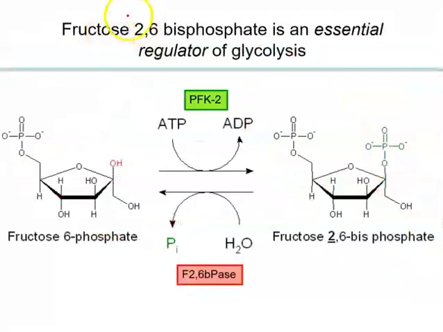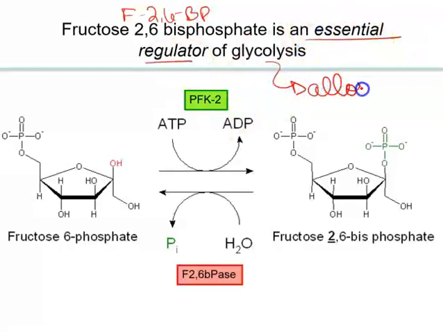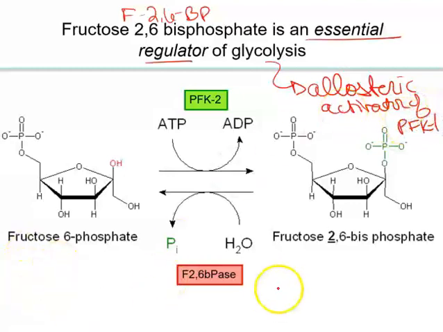Fructose 2,6-bisphosphate is an essential regulator of glycolysis because it is an allosteric activator of PFK1. And where do we get this fructose 2,6-bisphosphate from? We get it from the action of PFK2, right? So phosphofructokinase 2.